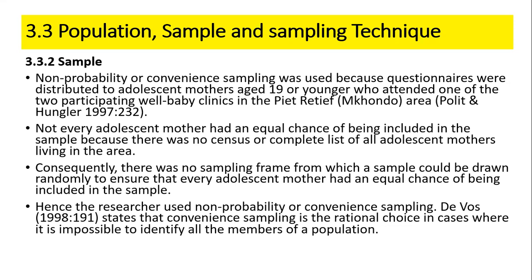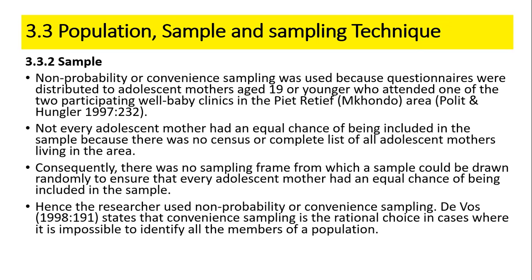Now look at the second point: not every adolescent mother had an equal chance of being included in the sample because there was no census or complete list of adolescent mothers living in the area. So he mentioned he has no full complete list. Consequently, there was no sampling frame from which a sample could be drawn randomly to ensure that every adolescent mother had an equal chance of being included.